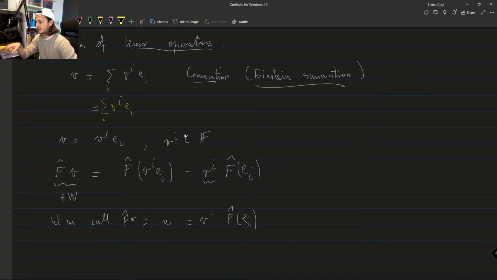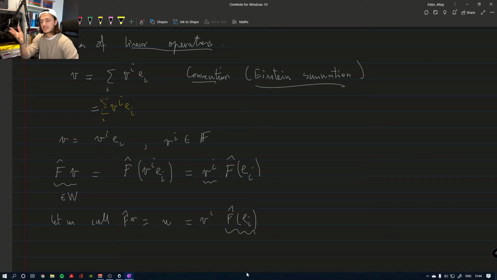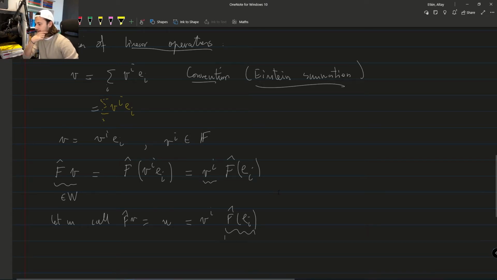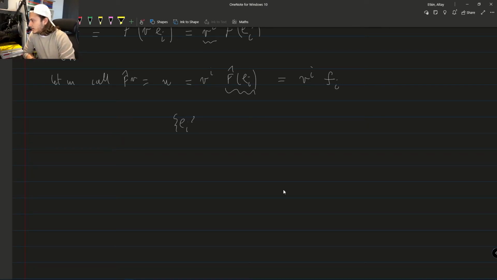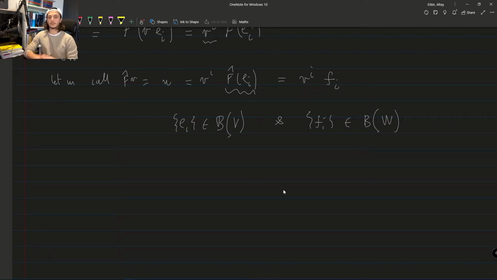But in order to do this, this must be some new basis. You can call it whatever you like, let's call it f_i. So e_i is the basis in V, and f_i, the set of vectors spanning the vector space W, is going to be a basis for W.